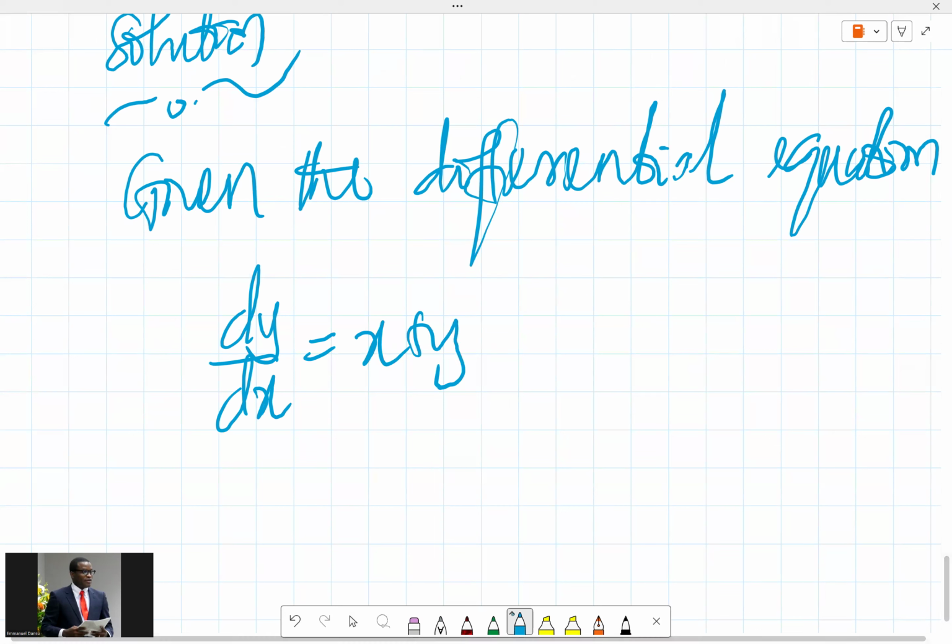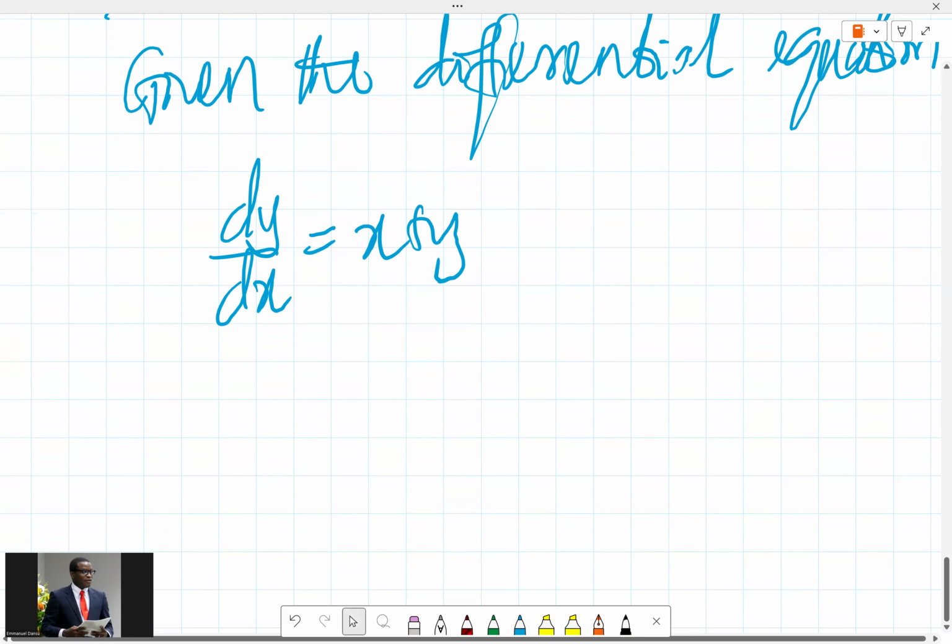Interestingly, this equation actually has an analytical solution, a closed form solution. So we can easily compare whatever the numerics give us with the analytical solution.